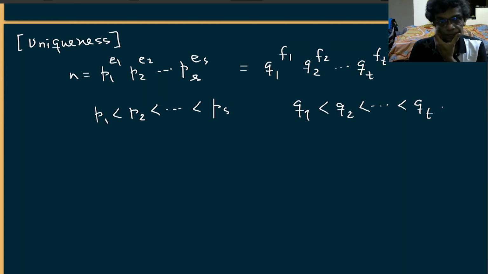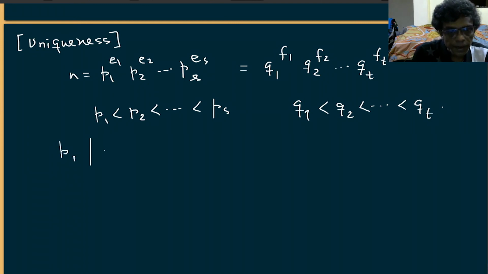Now let us consider P1. P1 divides this product, which in turn is equal to this. So P1 divides n, which is equal to the second expression, a product of F1 plus F2 plus and so on up to Ft primes.